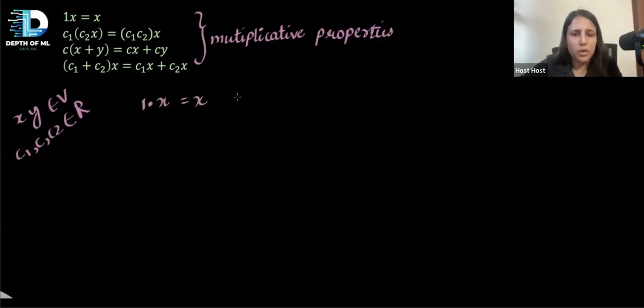So this is called multiplicative identity.